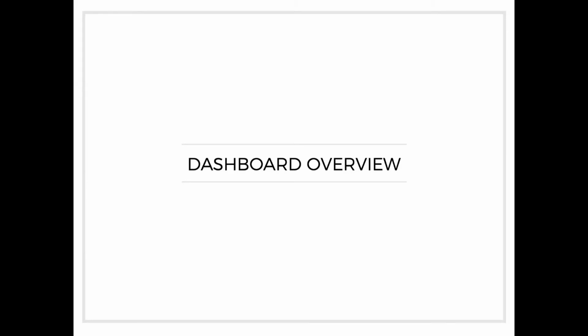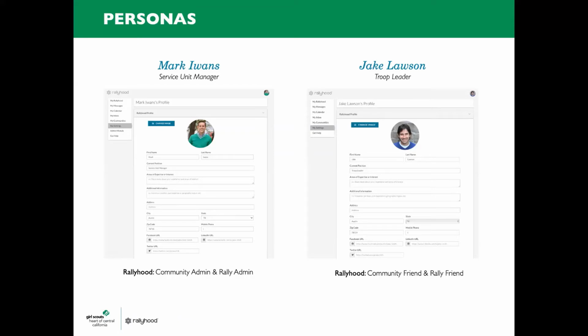Now we're going to jump into the dashboard. As we go through these overviews of the dashboard, of the rally, and of the community hub, I'm going to bring up 2 personas. One, myself, I'm going to pretend I'm a service unit manager, and then Jake Lawson's going to be a troop leader.